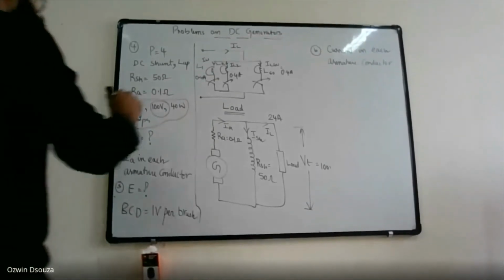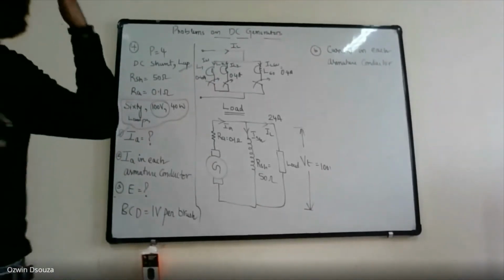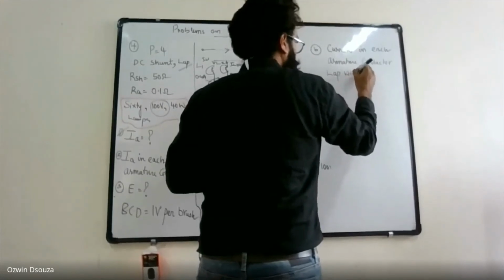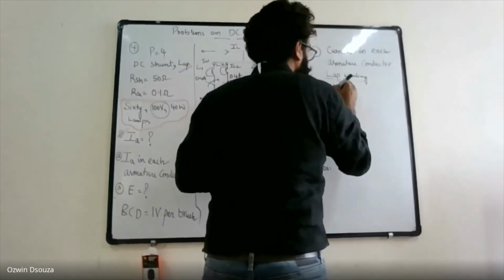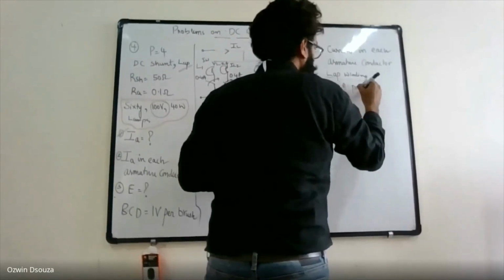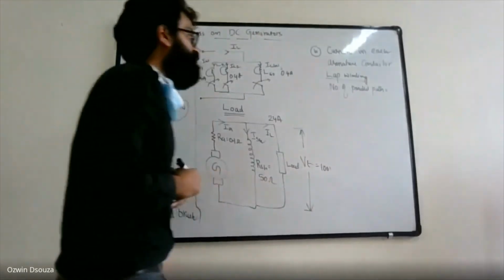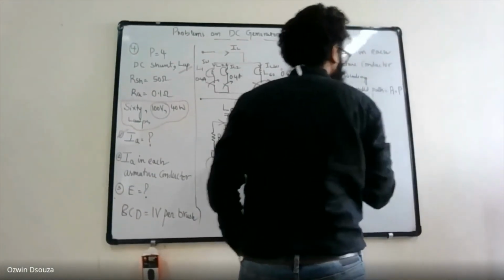Which type of winding is used? Lap winding is used. In case of lap winding, the number of parallel paths A is equal to P.